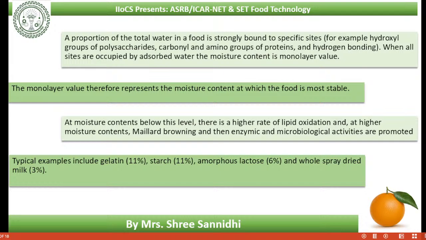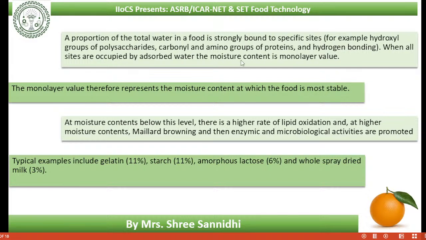When all sites are occupied by adsorbed water, the moisture content is the monolayer value. So monolayer value is nothing but the value of the bound water. The monolayer value therefore represents the moisture content at which the food is more stable.